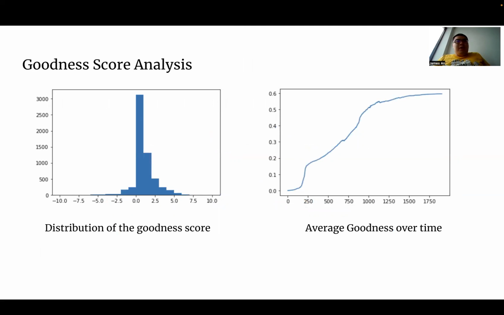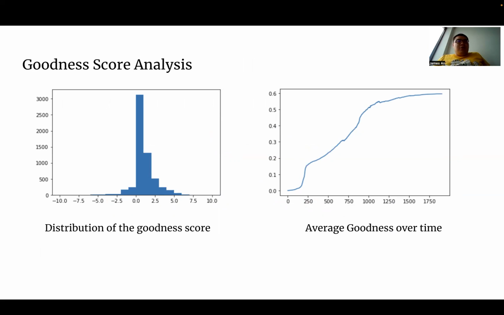And as you can see, we have an analysis of our goodness score. On the left, we see a distribution of the goodness score. In this case, notice the score is between -10 and 10, like the original data set. In our internal algorithms, we use -1 to 1, as shown by the graph on the right.